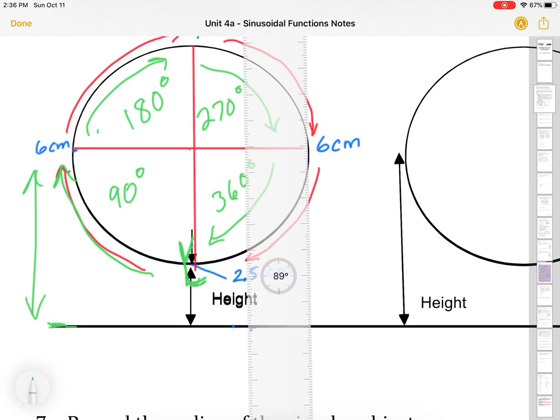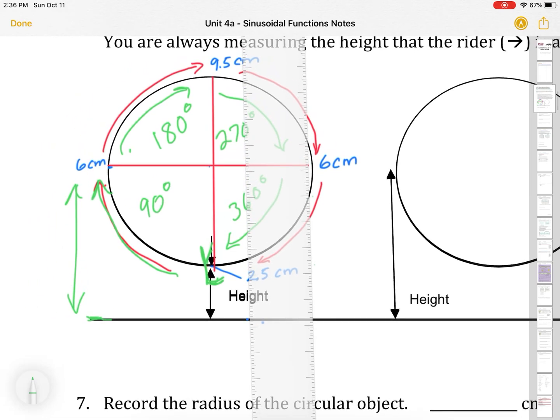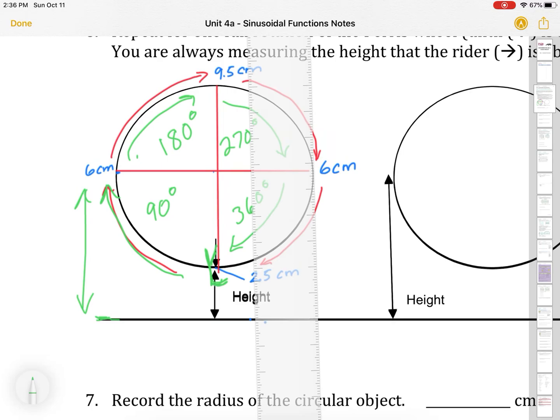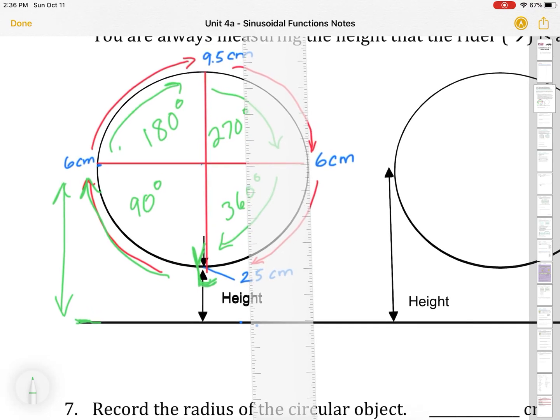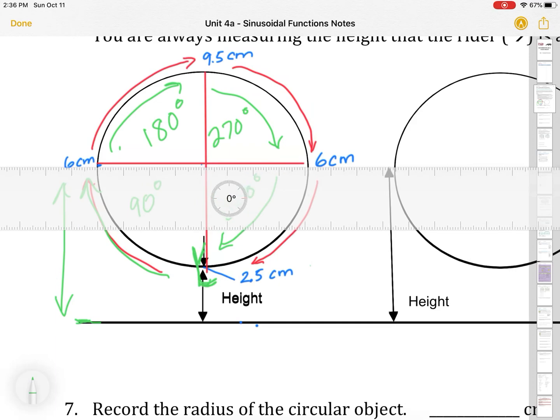So let's see. 1, 2, 3, 4, 5, 6. So I need to make it a little smaller. 1, 2, 3, 4, 5, 6. Tiny bit smaller. No, a tiny bit bigger. Around there.